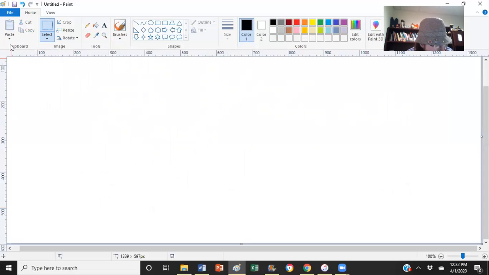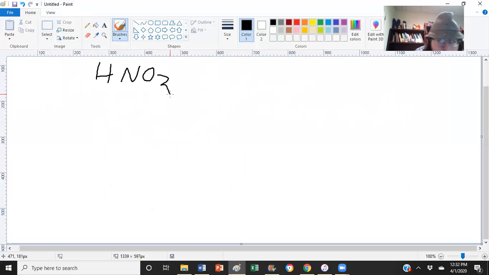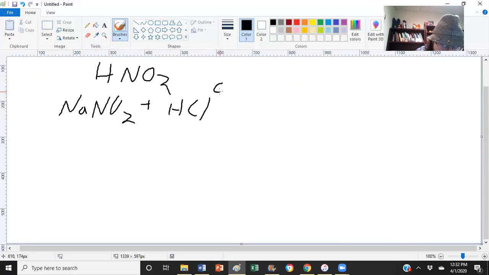Now we can also have some reactions of amines with nitrous acid. So we're going to have reactions with HNO2, which is nitrous acid. Now, nitrous acid is not very stable, so it's going to be generated in situ by mixing sodium nitrite with HCl, cold and dilute. So we're going to make HNO2.